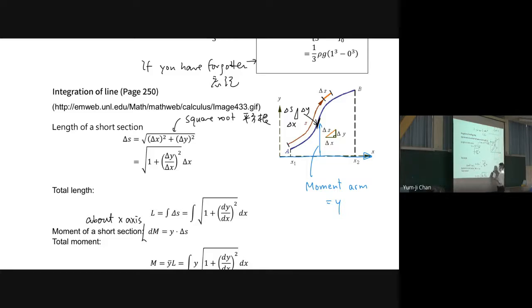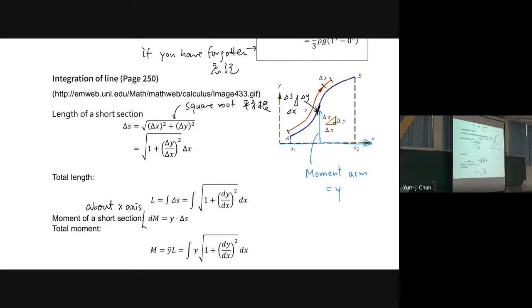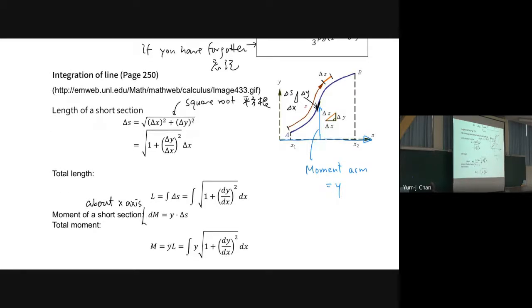So the moment of a short section about the x-axis, dM, is equal to y times delta S.